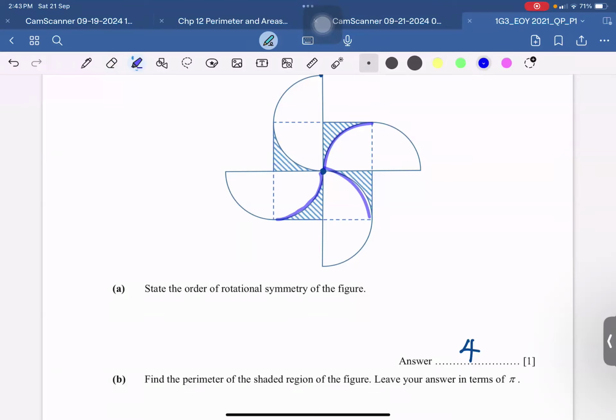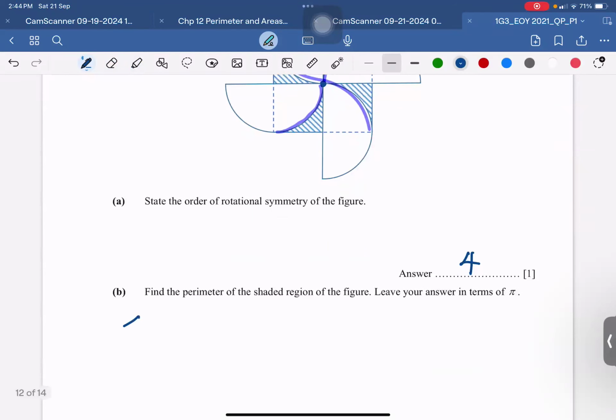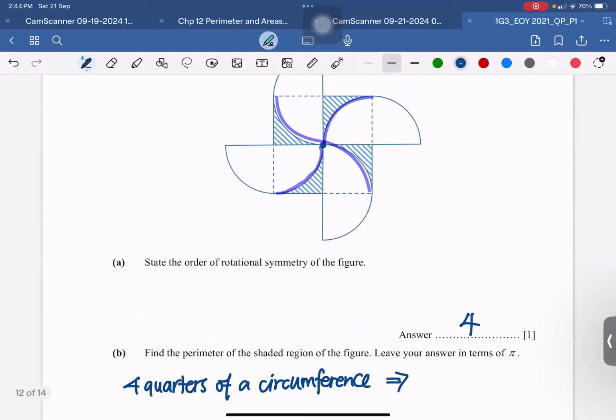So 4 quarters, 4/4 of a circumference will add up to, what do these 4 quarters of a circle form up to become?